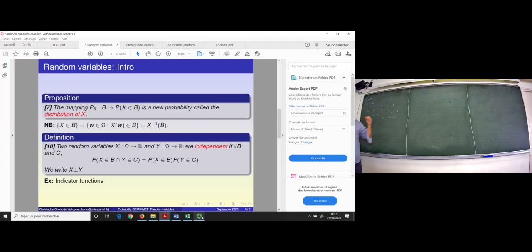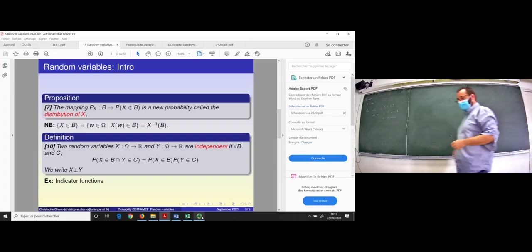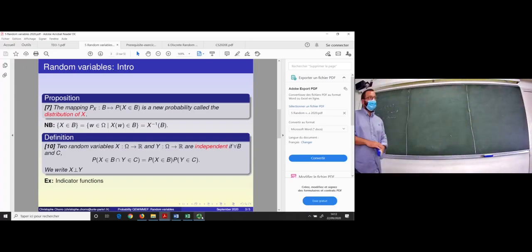The distribution is exactly, if you come back to my two previous examples, the new probability that naturally appears from the transform of my initial probability, using my random variable. So the definition is this one, and we are going to prove that I have a new probability.